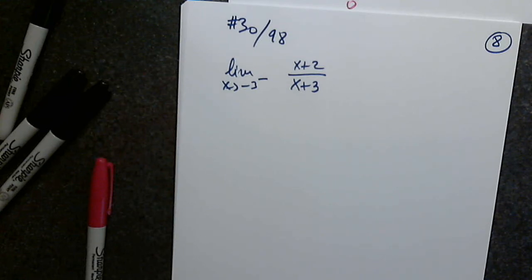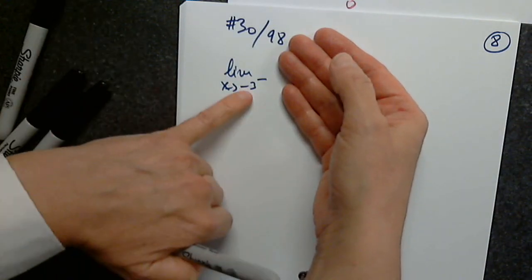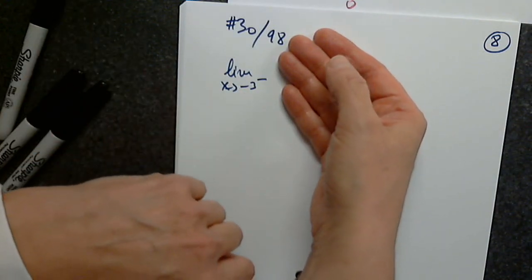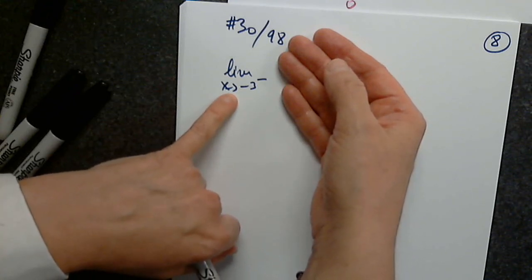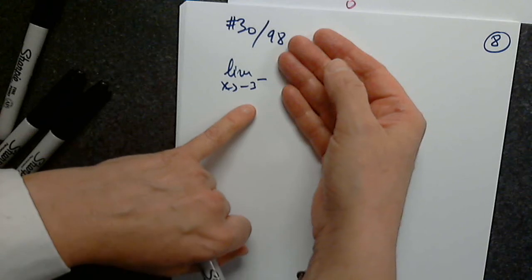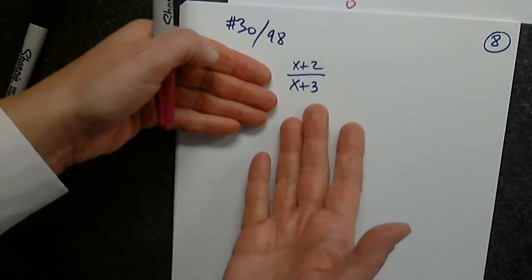What is the first thing we need to do? What do you think? When we calculate the limit, the first thing we have to do is plug it in. Although you can say, didn't you just say that x does not equal negative 3? Yes, I did. X does not equal negative 3. This arrow means x gets closer to negative 3 from the left, but it does not equal. And then who allows me to plug it in?